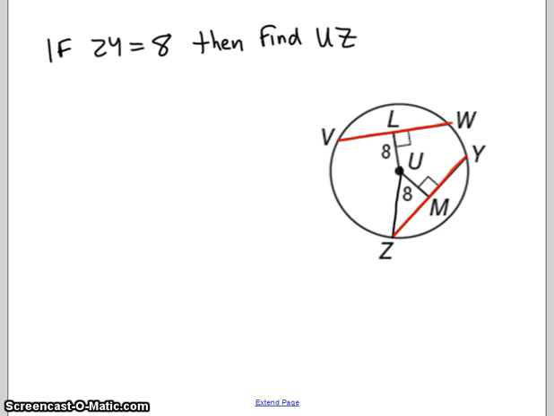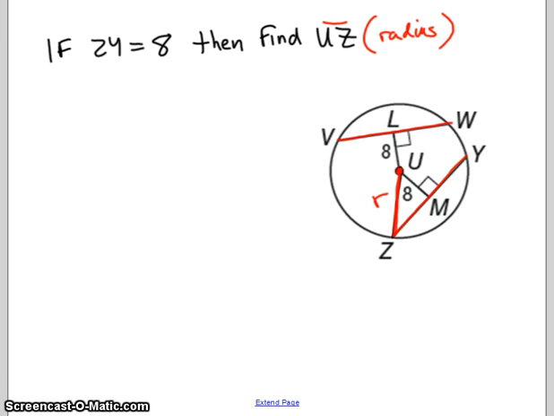Okay, so if we have a segment from the center of the circle to the outside, what do we call that segment? Well, we call that the radius. All right, how can we find the radius here? UZ is the radius. So how can we find the radius?